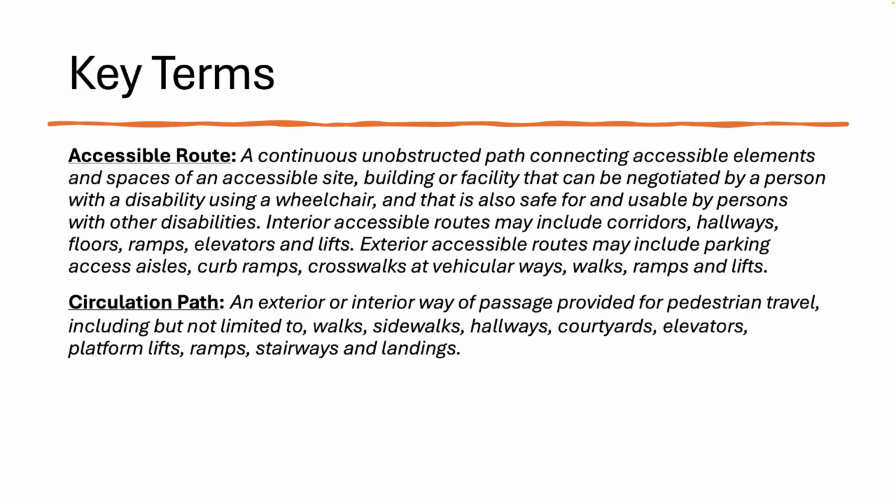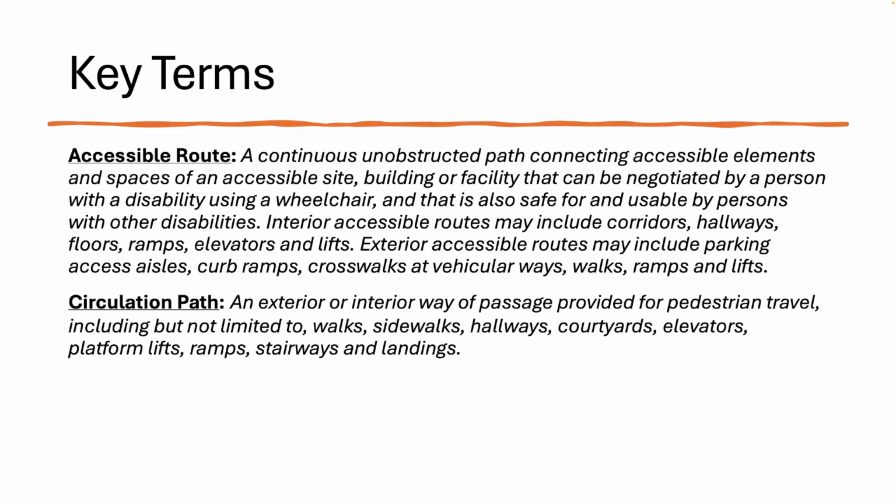Exterior accessible routes may include parking, access aisles, curb ramps, crosswalks of vehicular ways, walks, ramps, and lifts. Also, these definitions come from the California Building Code, Division 2 definitions. These definitions are adopted by DSA, the Division of State Architect, who regulates access in California.